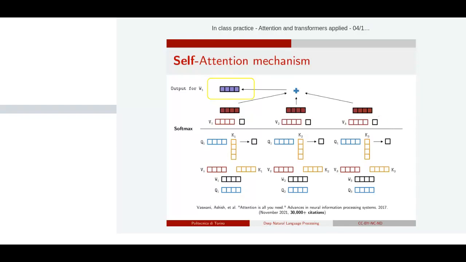Then I just multiply this number, the attention score, by the value vector, because you remember we have query, key, and value vectors. We use the query and the key, and now after the softmax, I multiply the attention score by the value vector associated to a given word.